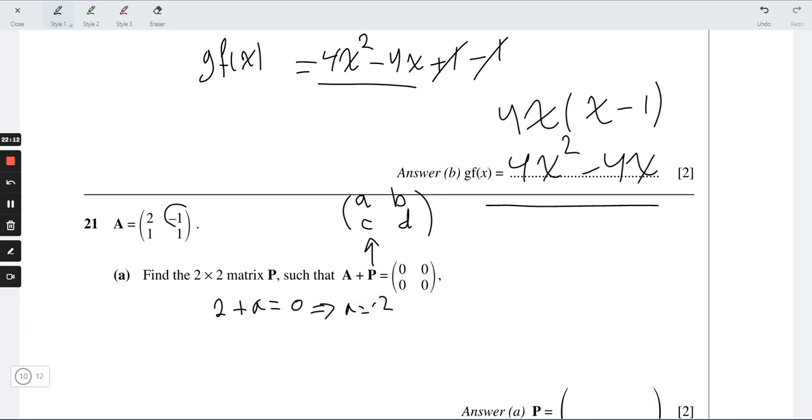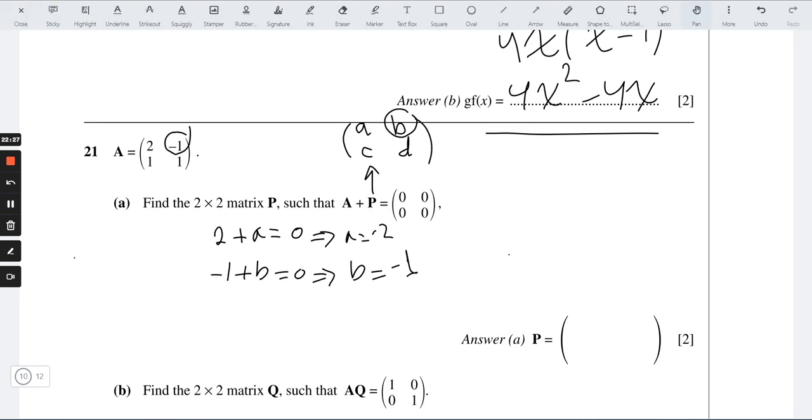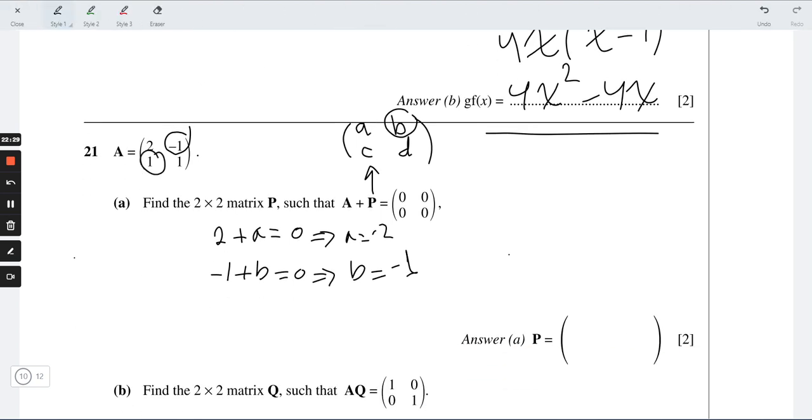Now minus 1 plus b equals also 0. That means b equals 1. Now again, 1 plus c equals 0. That means c equals minus 1. Now 1 again plus d equals 0. So 1 plus d equals 0.